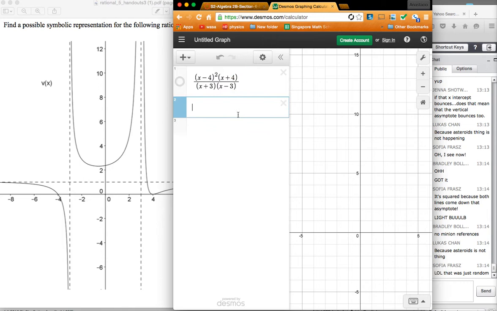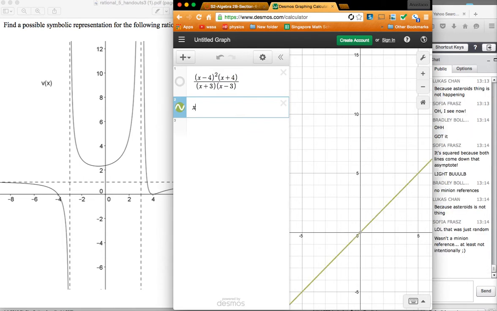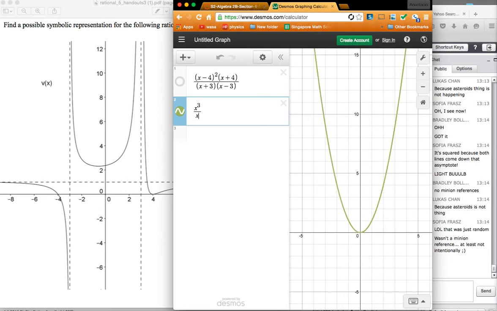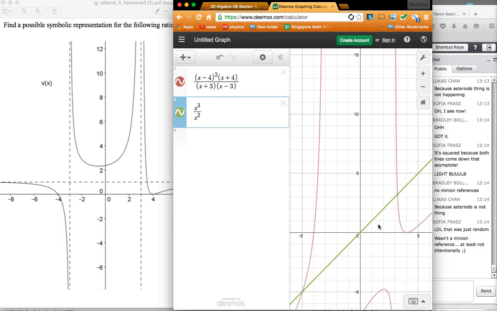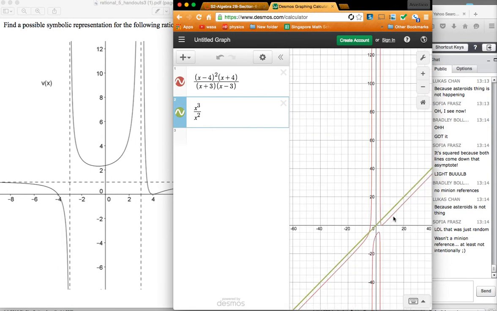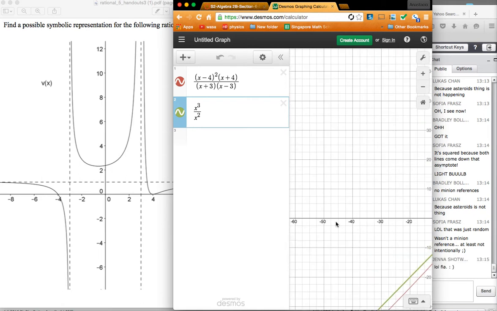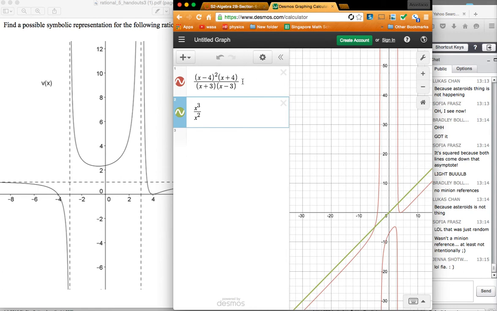So I can model that as x cubed over x squared, right? And if you look at this graph, yeah, I agree. This green asymptote looks a lot like where this red one's going. The reason I can tell you that you got the wrong one right off the bat is because this would produce a slanted asymptote. It would not produce a horizontal asymptote.